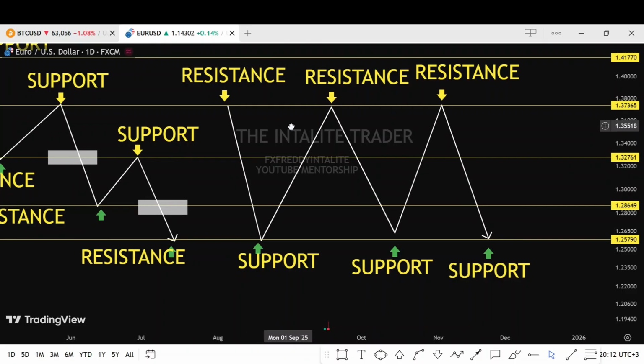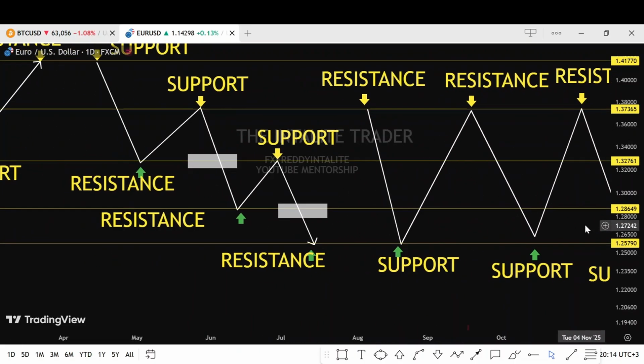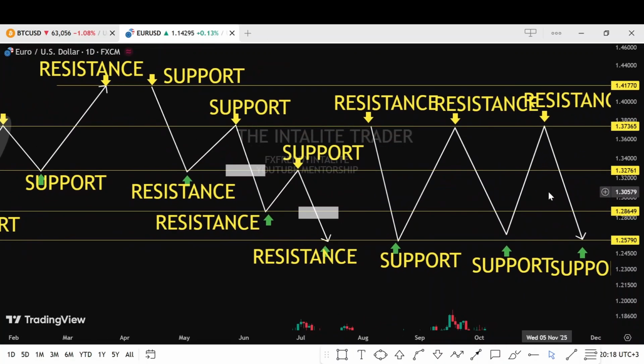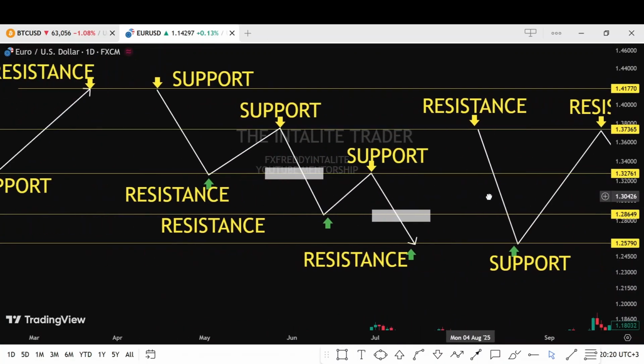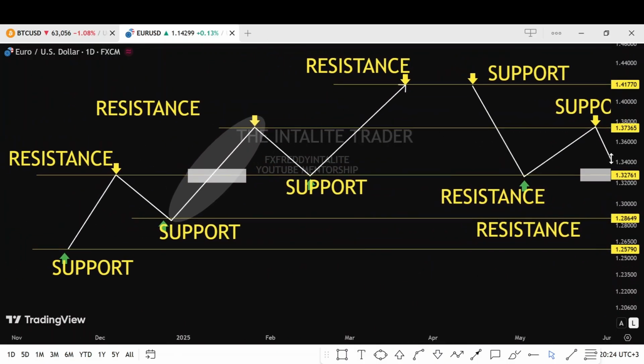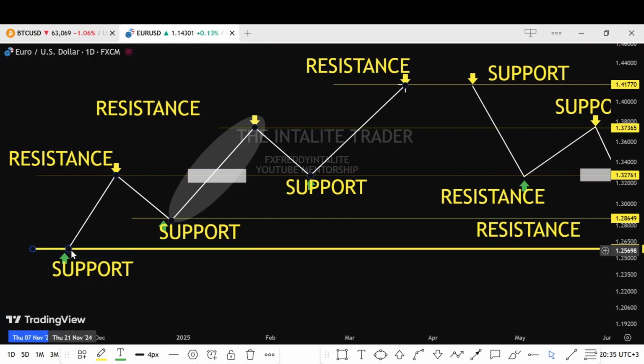So this is starting simple. I repeat, this price started here and it gave us a support level. So where price started from here, we shall call it a support level.